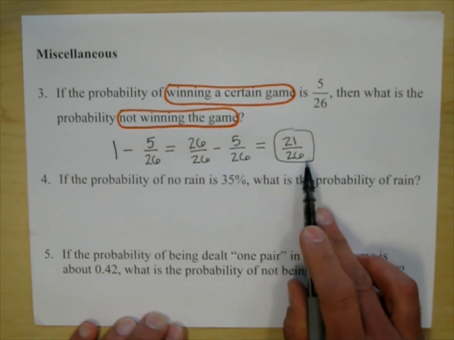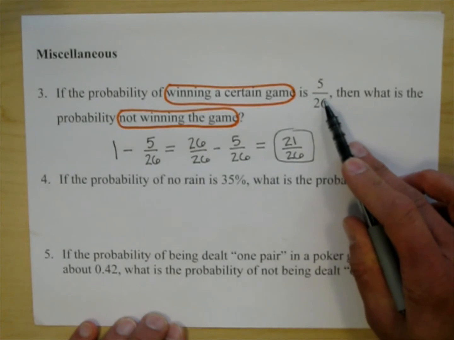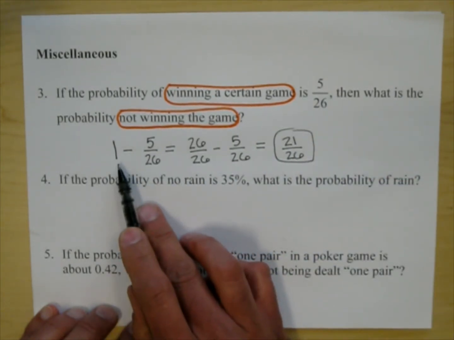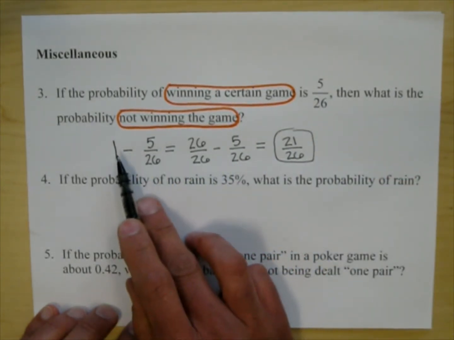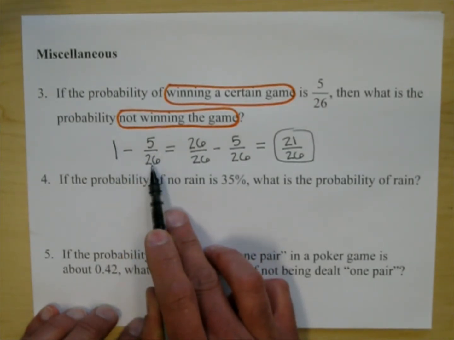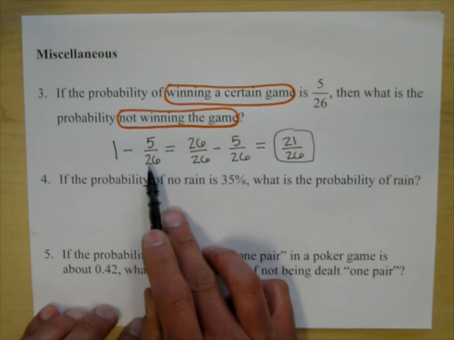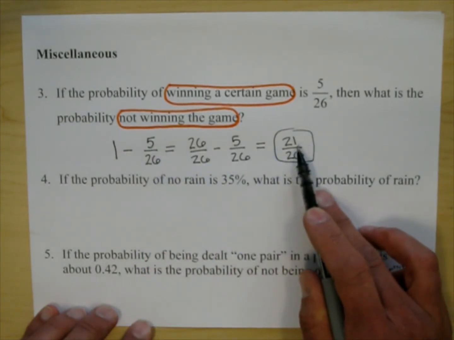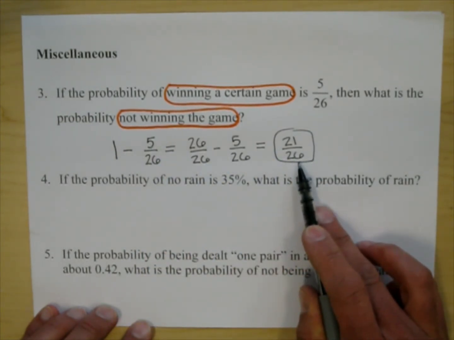And we were able to get this from this probability by going 1 minus it. So that's what we'll be doing a lot of in this section, and you're going to be doing this again and again. There's a quick way when you have to go 1 minus a probability: go 26 minus 5 in your head, which is 21, and then put it over 26.